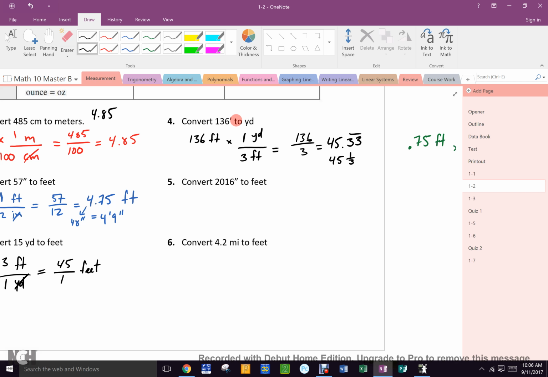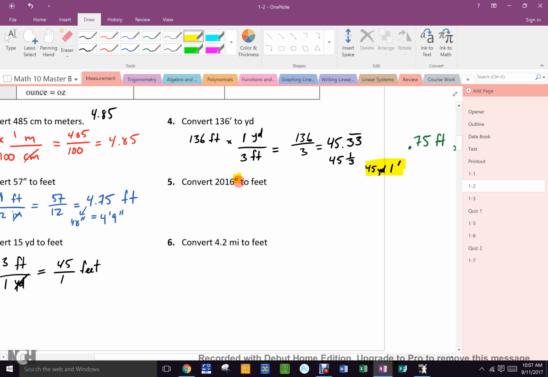So even though the math is easy, we still got to keep stuff in our heads, right? So the real answer here is 45 yards, 1 foot. Does everybody see what I am saying? Is everybody cool? Because we're not allowed decimals in imperial measurement. Everybody okay? All right. So let's look at this one.